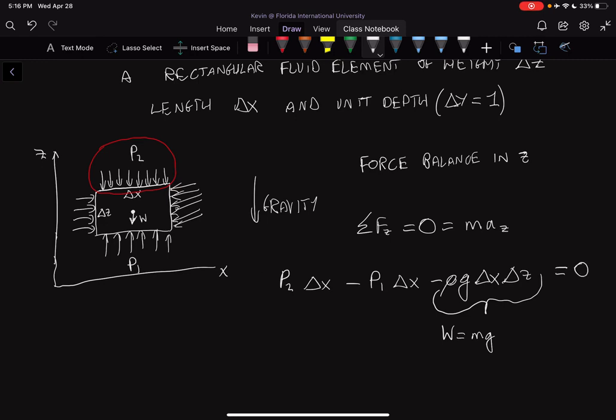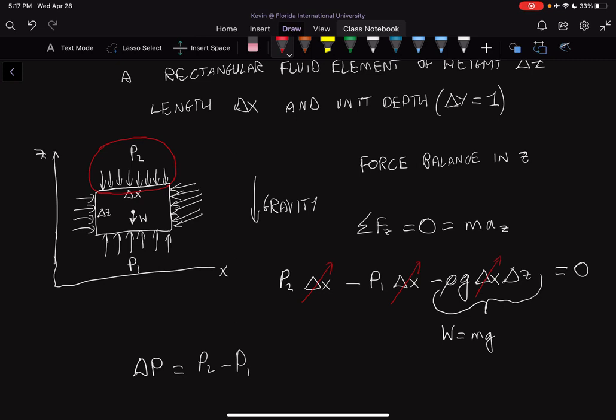And now we can write that delta p, or p2 minus p1, by just rearranging the equation and getting rid of the x's because it's equal to 0. We can get rid of the 3 x's because we can just divide both sides by delta x.